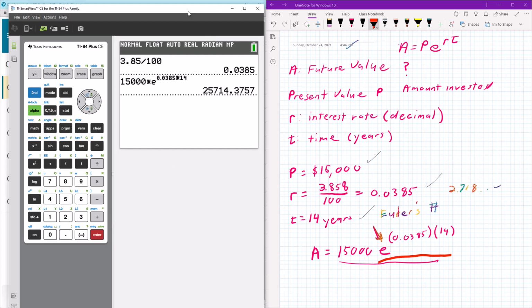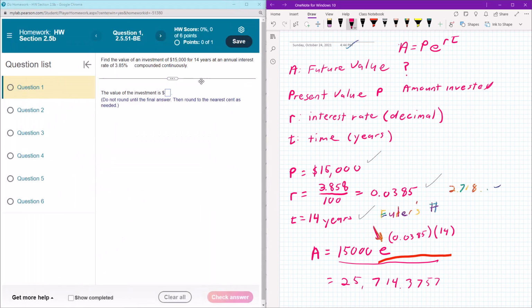Writing that down, I have $25,714.37... Now, chances are we want to express this to the nearest cent, which is basically to the hundredths place.